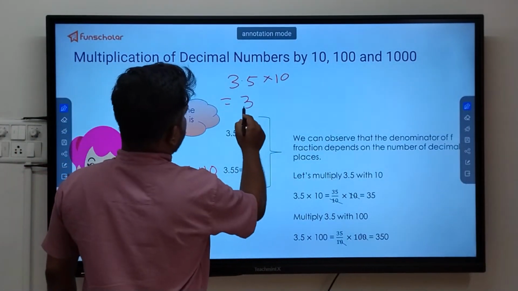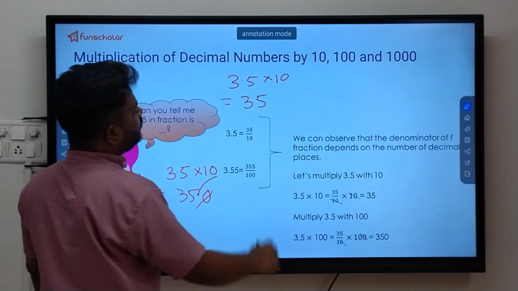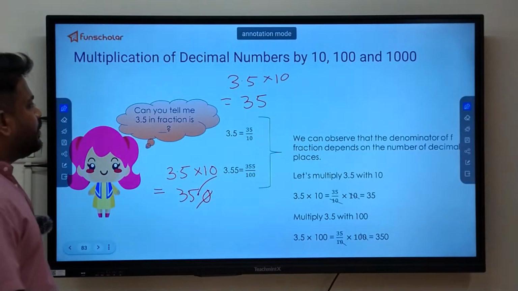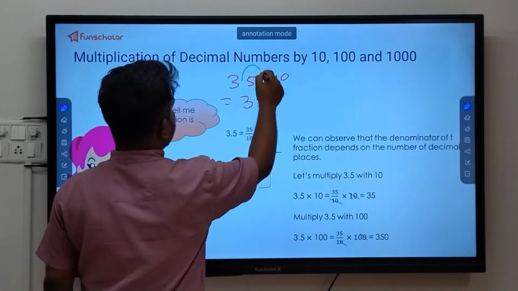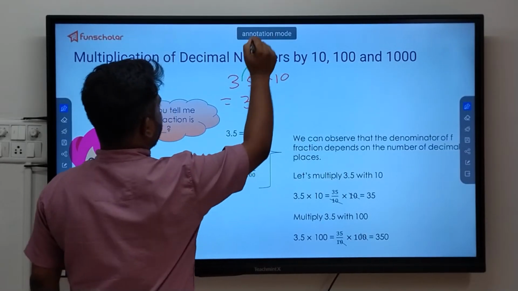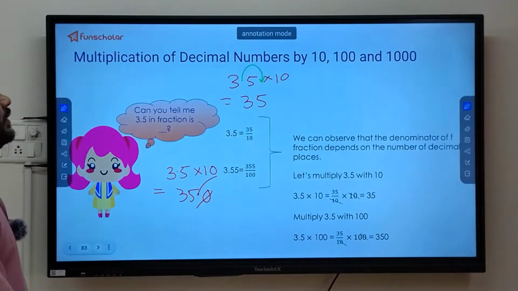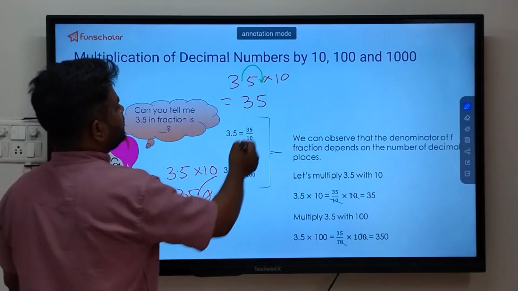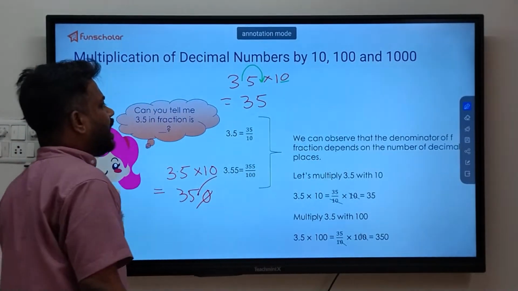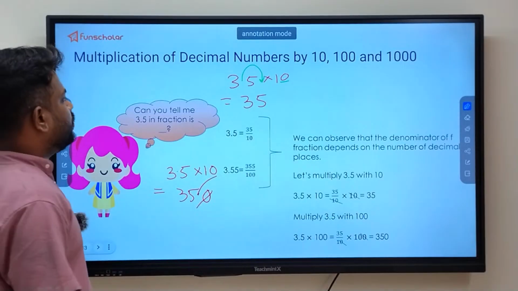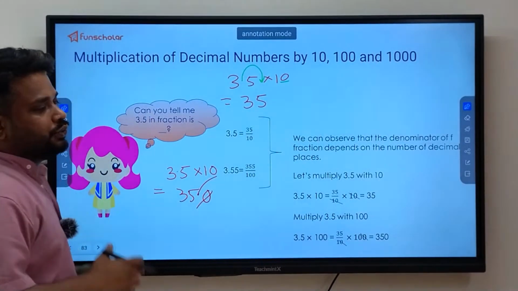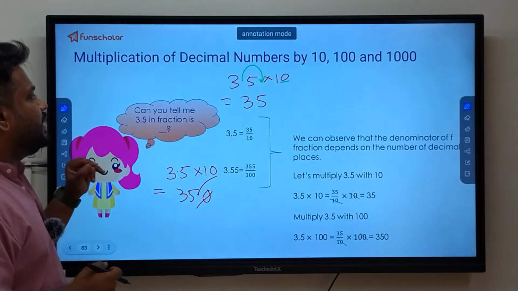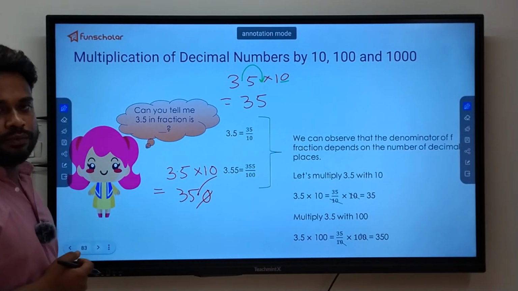So it will be like this. What we have done is place the point one digit further, because in 10 we have just one 0. So in multiplication we just place the point after the 0.